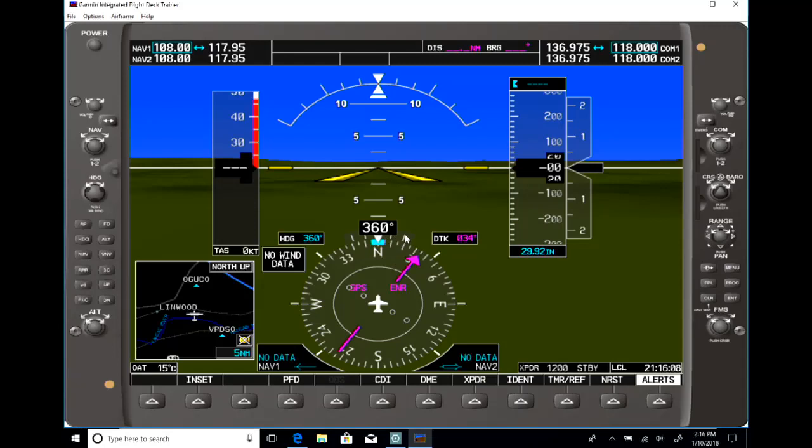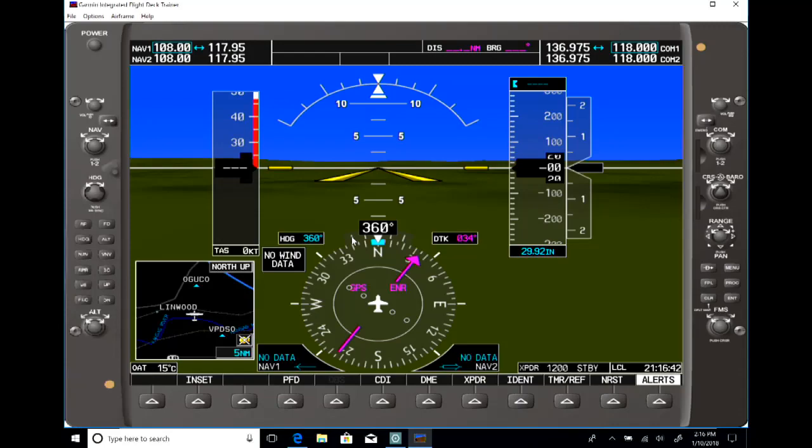When you begin to make a turn, you're going to get a magenta line that will emanate from here, and we call this our lubber line. This line will go in the direction of your turn. If you bring that magenta line all the way to the big tick mark, that is putting you on a standard rate turn.